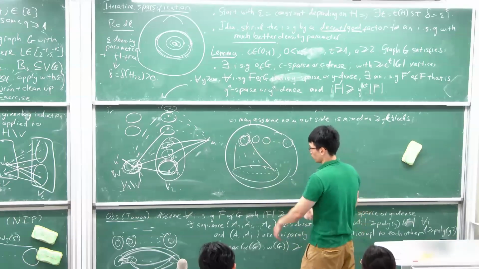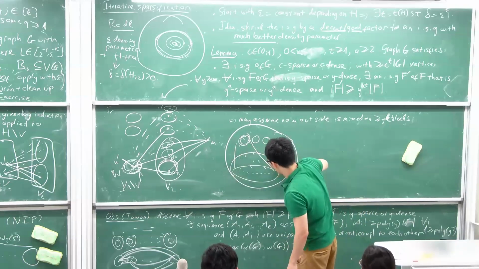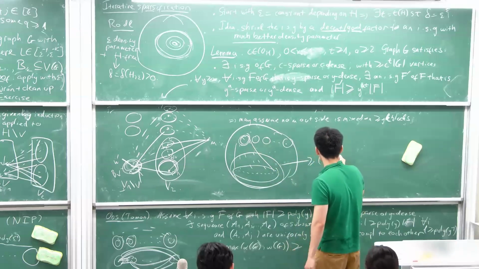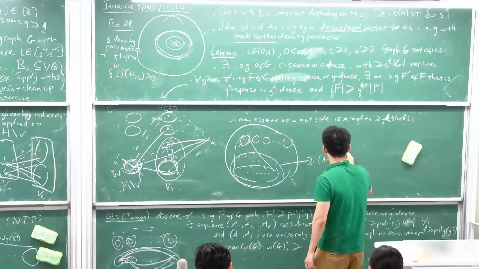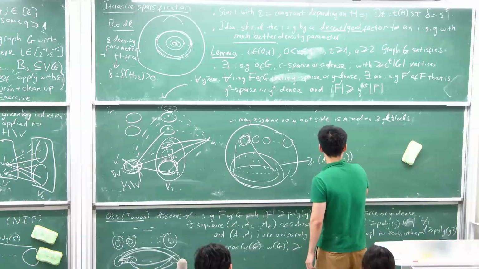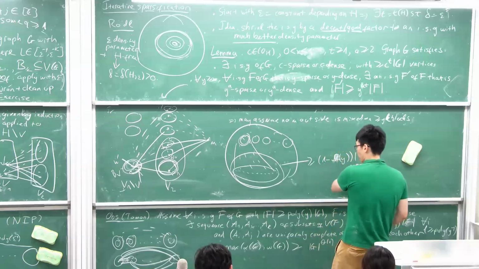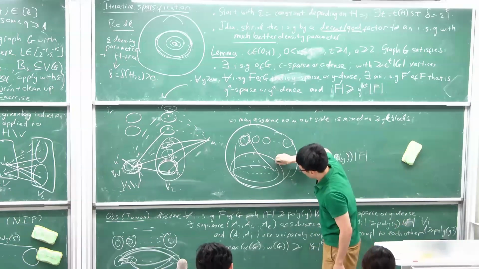Now you can keep going. Why? Because by almost all I mean the quotient here is at least 1 minus some constant times y to the minus constant. Yeah, so I still have many vertices here. And what do I do next?